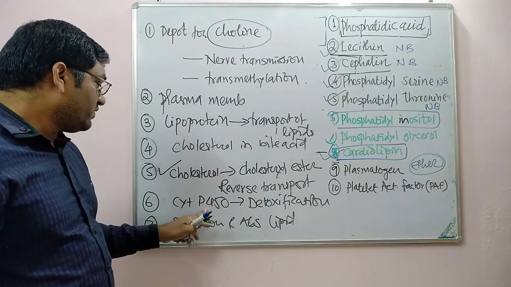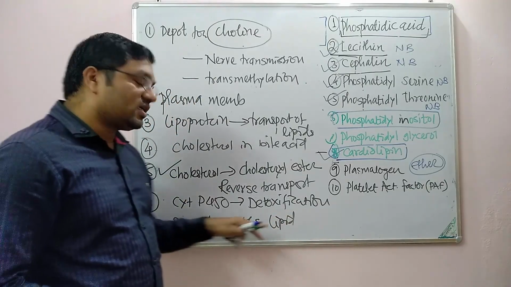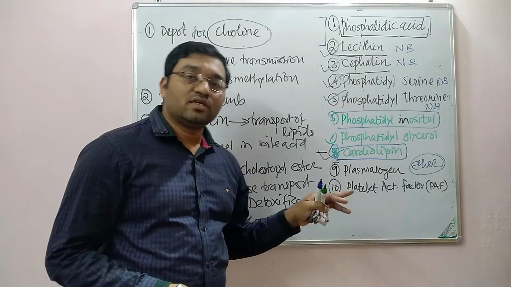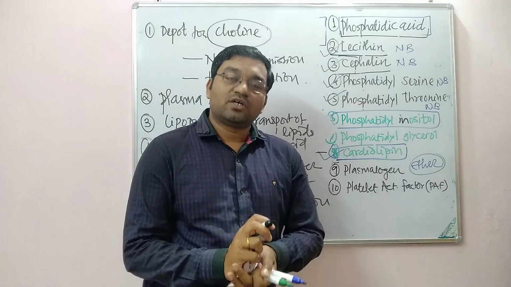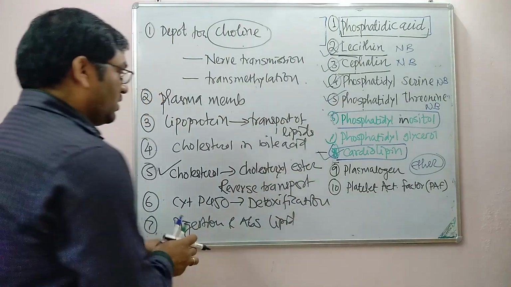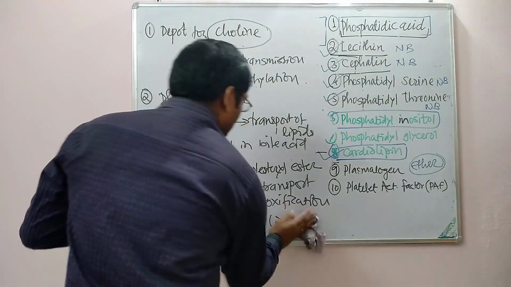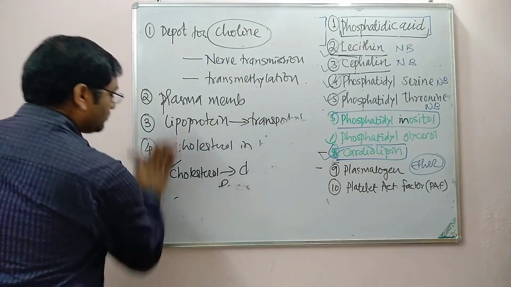Cytochrome P450 helps in detoxification. It helps in digestion and absorption of lipid, and lecithin is also a part of the electron transport chain and helps in cellular respiration. And an important example of lecithin is dipalmityl lecithin.